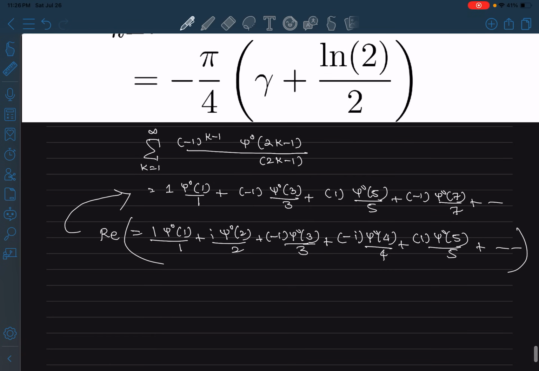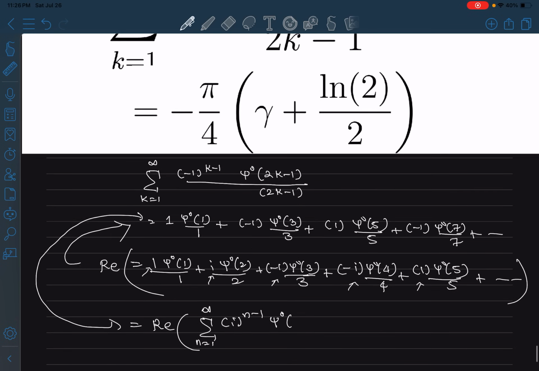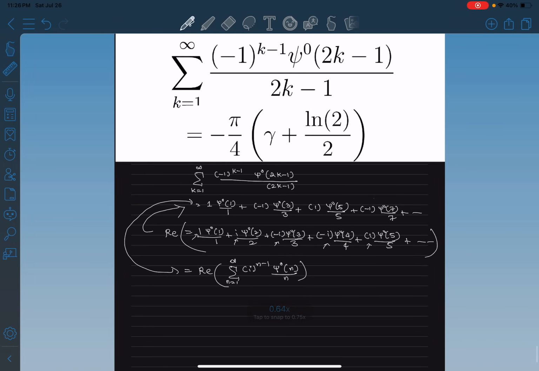So basically what I'm trying to say is I can write this sum as the real part of the sum from n equals 1 to infinity of i to the power n minus 1. So basically i to the power 0, i to the power 1, i squared, i cubed, i to the power 4. So i to the power n minus 1, and then digamma of n over n. So this thing is just the real part of this nicer sum.